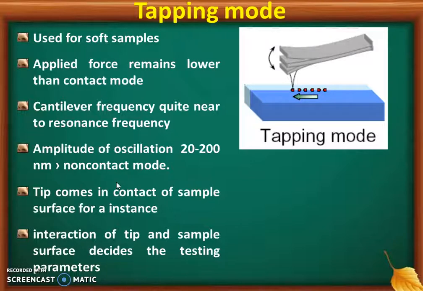Amplitude oscillations remain in the range of 20 to 200 nanometer, and these oscillations are higher than the oscillations used in the case of non-contact mode. The tip comes in contact with the sample surface for an instant, and the interaction of tip and sample surface decides the testing parameters like frequency, time, amplitude, all these things.